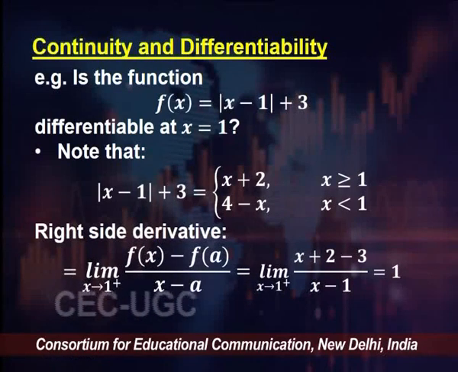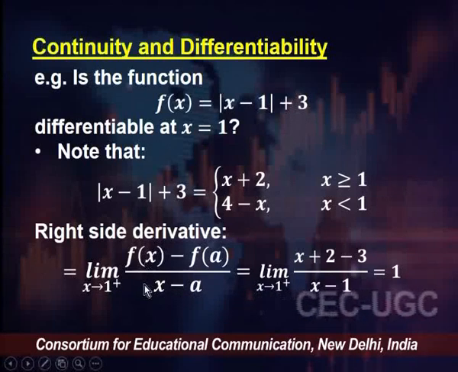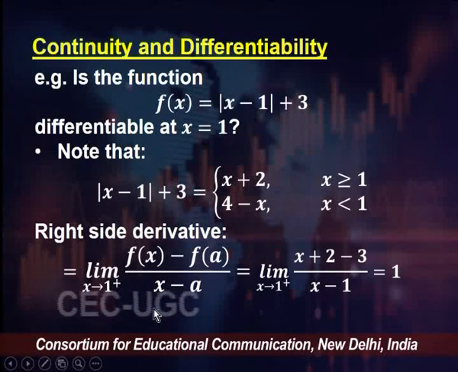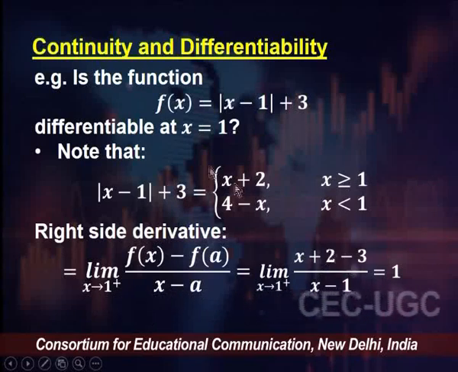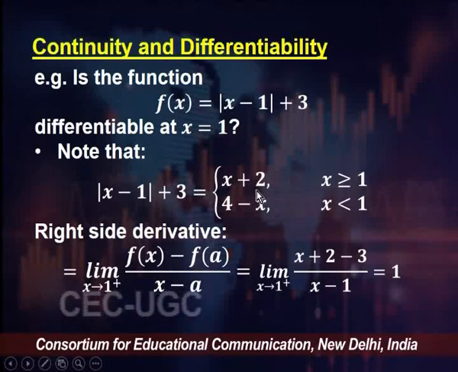On the other hand, if I calculate the right side derivative, the limit of f of x minus f of a divided by x minus a as x approaches 1 from the right, it will be the limit of x plus 2 minus 3, because when we approach 1 from the right, this is the relevant part of the function that will come in.